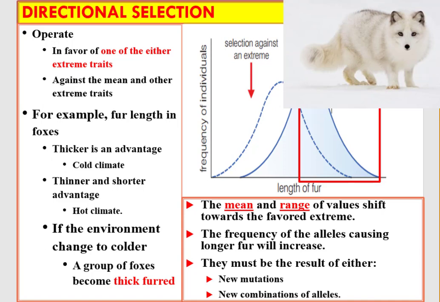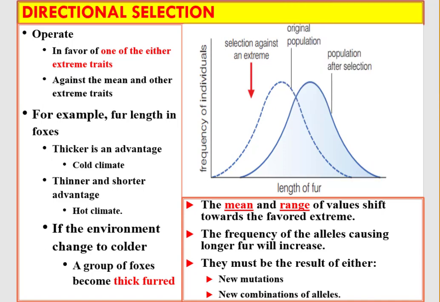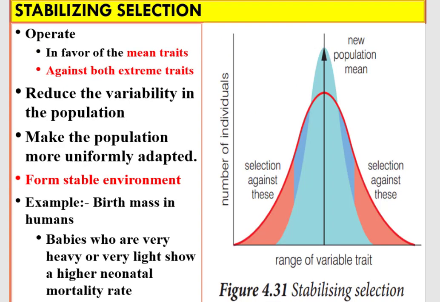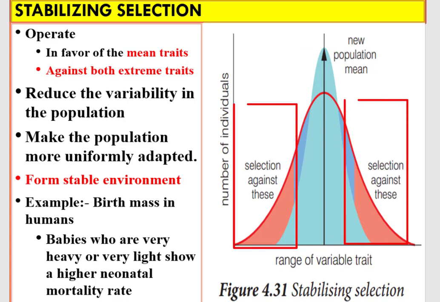The question is, where has this gene come from? No doubt this gene must be the result of either new mutations or new combinations of alleles. Stabilizing selection is a type of natural selection that operates in favor of the mean or medium traits and selects against both extreme traits from the range of traits.